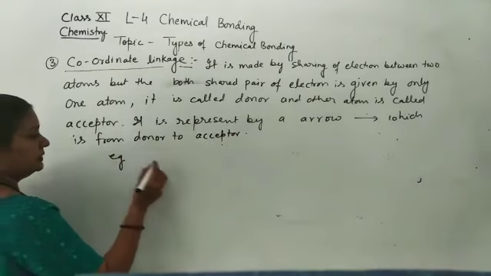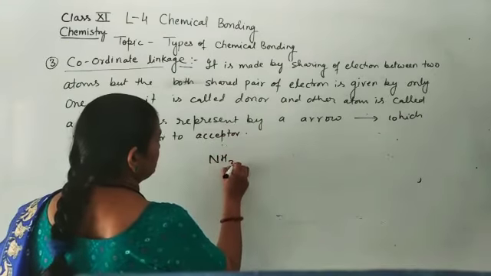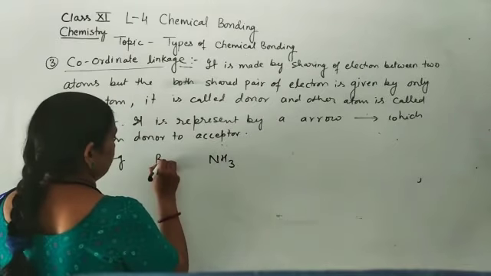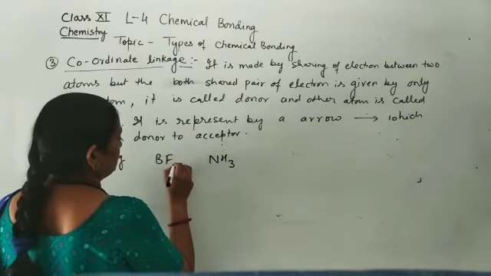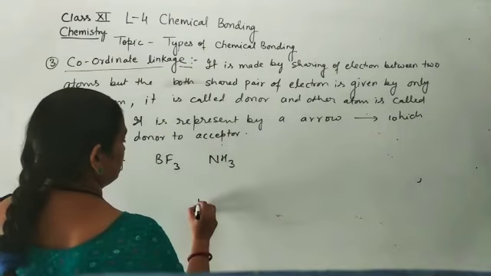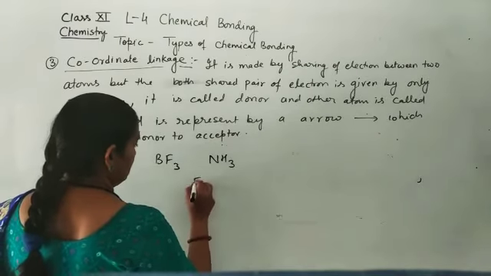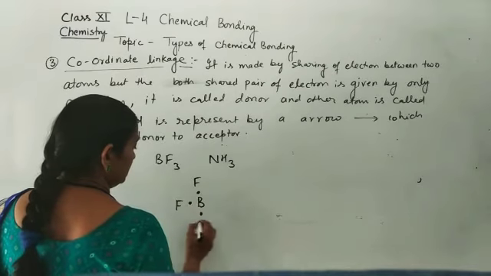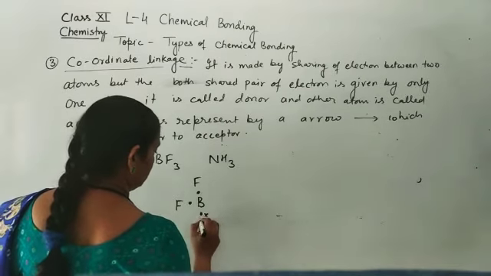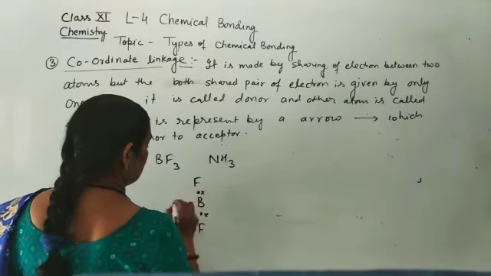For example, here NH3 and BF3. See here boron, it has 3 valence electrons, and with fluorine it is making bonds.